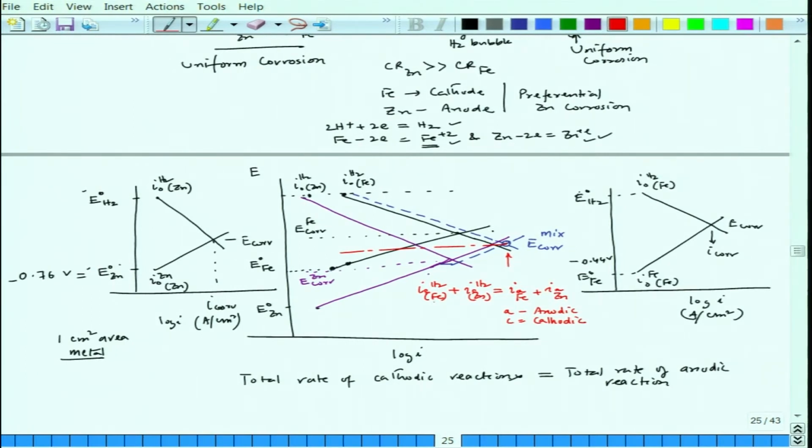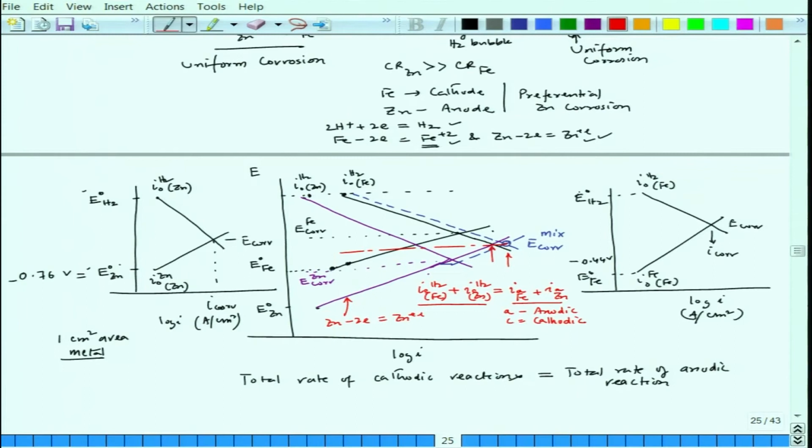So, now total cathodic reaction rate is equal to total anodic reaction rate. Now, we have to see across this red line, wherever it cuts the anodic line of zinc. So, this is the anodic line of zinc, where Zn minus 2e equals Zn2+ ions are forming, and that point is this one.